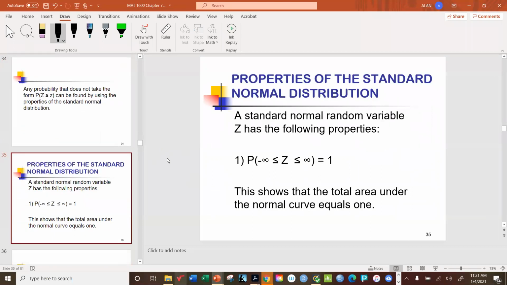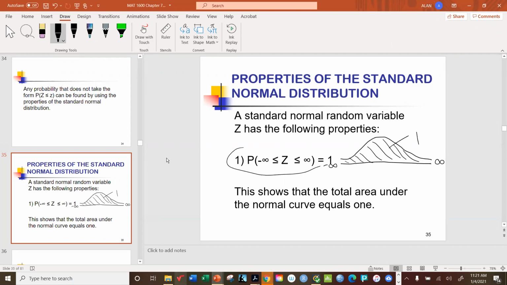What could they be? Well, first, we already knew this one. The entire area under this curve adds up to 1. And you'll recall the curve does go all the way out to positive and negative infinity. This is the equivalent of, in the axioms of probability, remember we were told that the sample space has a probability of 1.